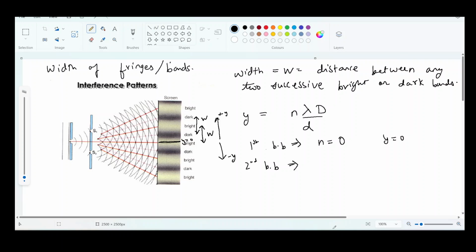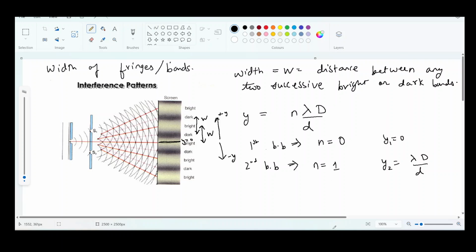That is why we have plus and minus. So for the second bright band, I can put n is equal to 1 or n is equal to minus 1, and in both cases you will get the same answer. So y is equal to 1 lambda D by d. I will call this the first bright band, second bright band.